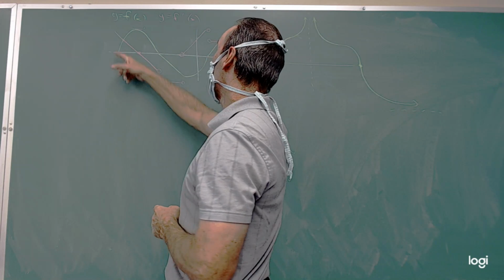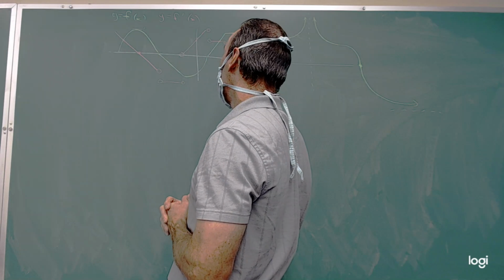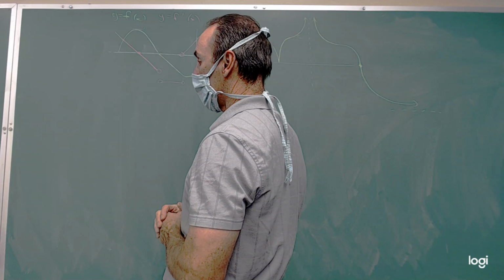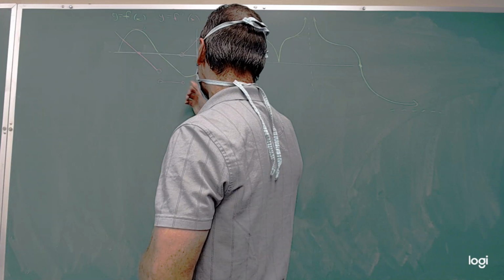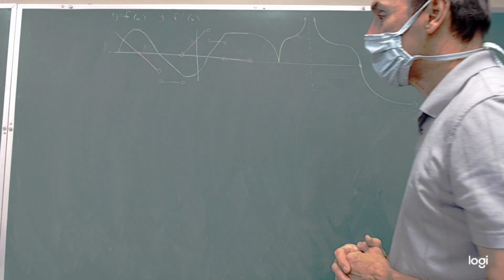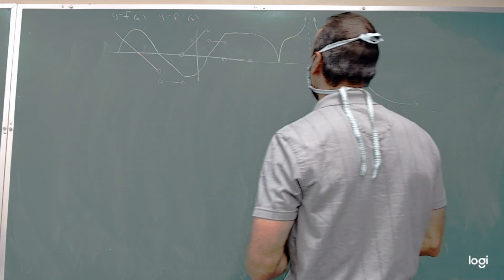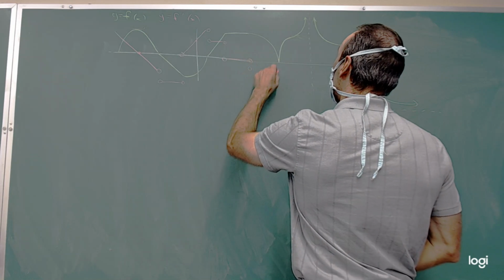I'm thinking the first one looks kind of like a parabola, so I'm thinking the derivative is gonna be a straight line. That's horizontal. That's a positive. It's kind of like a parabola going up, I don't know if it is or not, but it kind of looks like a parabola, so it's gonna be a straight line. Straight line up. It's a straight line again.